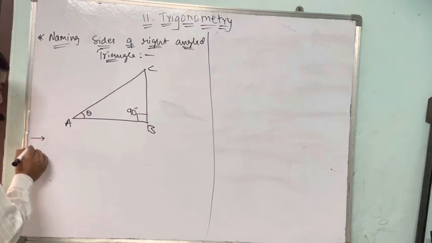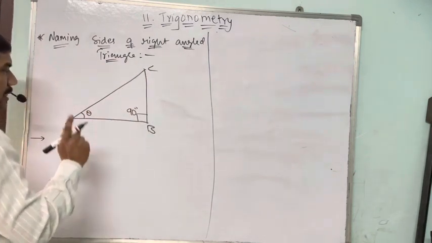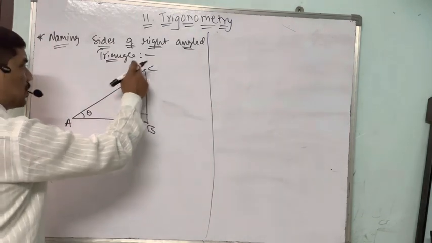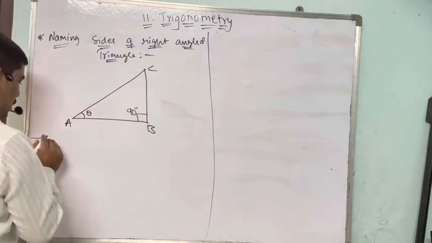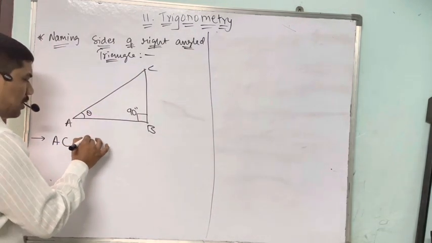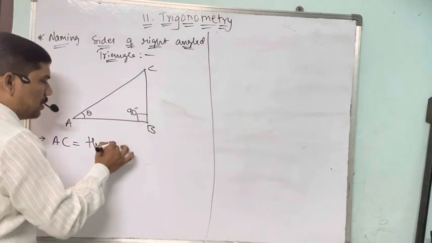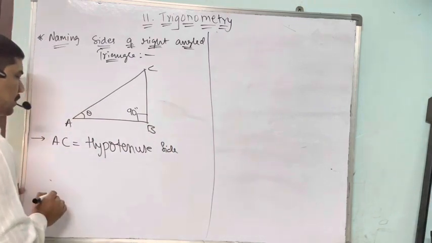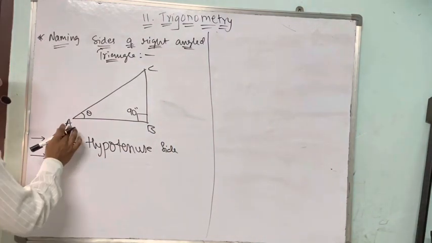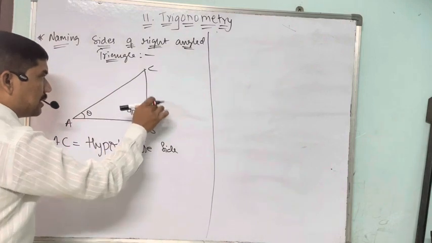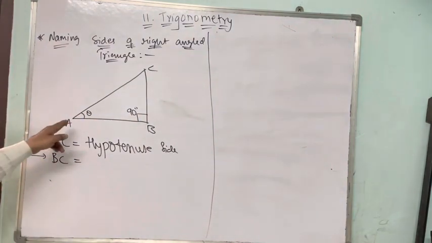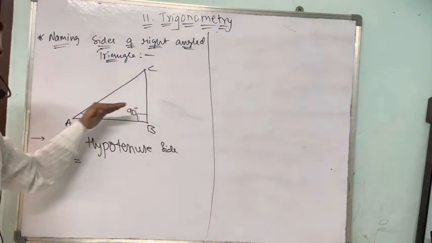See, first hypotenuse. I told you already, the side opposite to the 90 degree angle is known as hypotenuse. So this is the side opposite to 90 degree, AC. So AC can be called the hypotenuse side or simply hypotenuse. Next, let's see BC. See, BC is opposite to angle A, right?